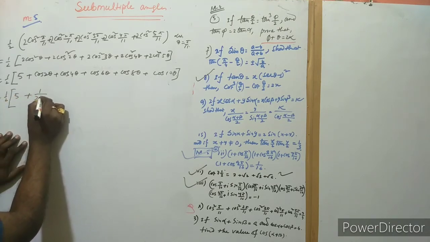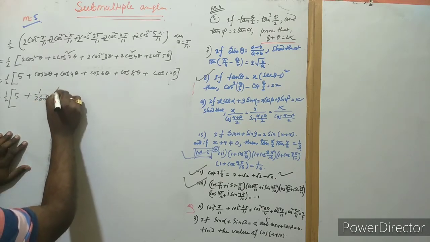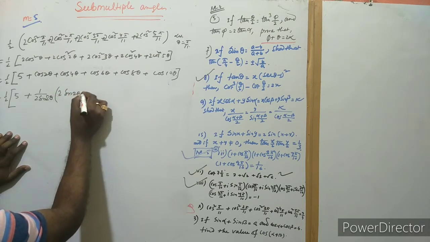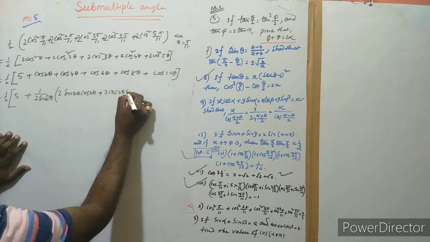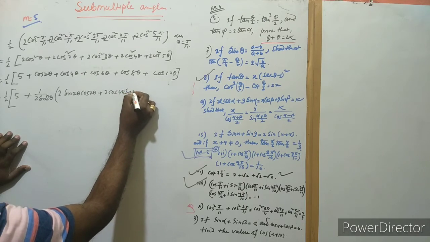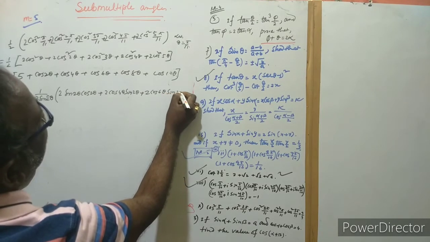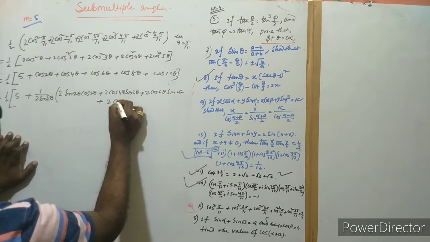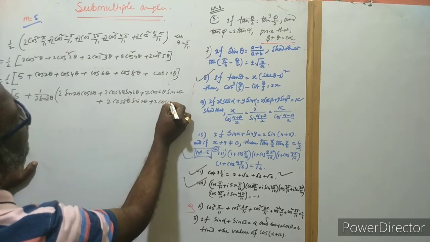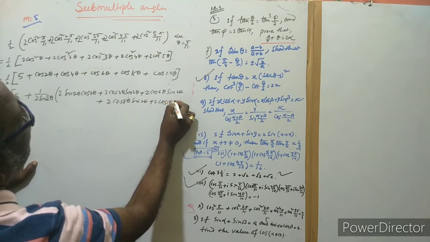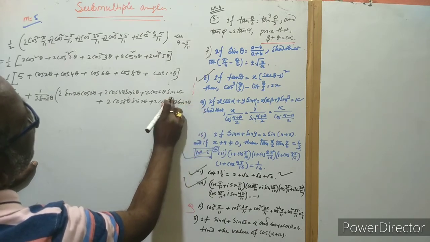We write here 1 by 2 sine 2 theta. So 2 sine 2 theta cos 2 theta, 2 cos 4 theta sine 2 theta, 2 cos 6 theta sine 2 theta, 2 cos 8 theta sine 2 theta, 2 cos 10 theta sine 2 theta.